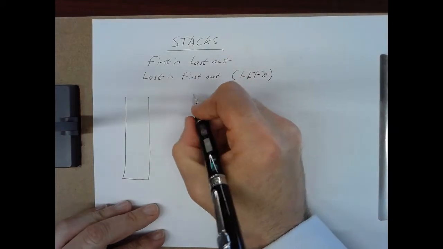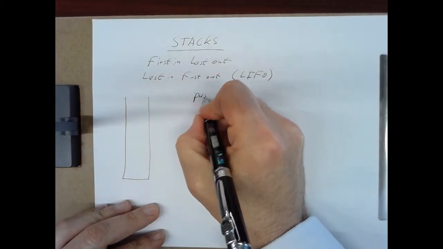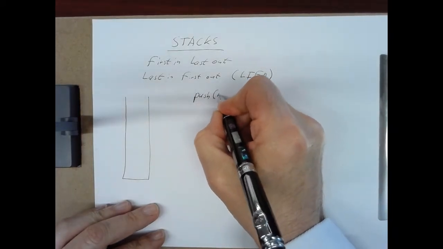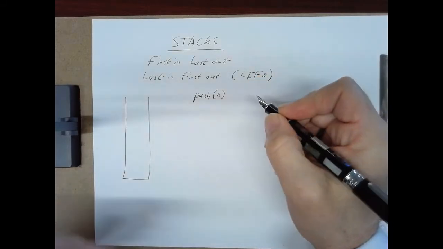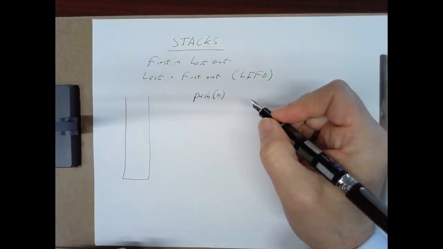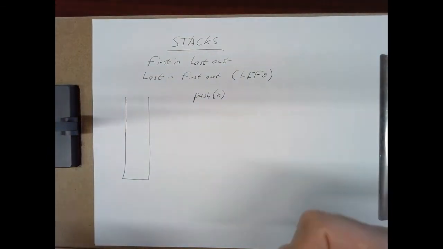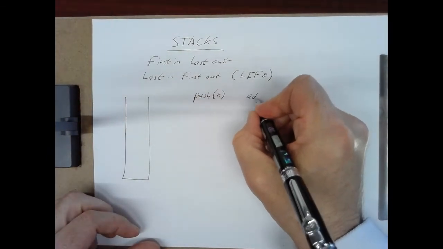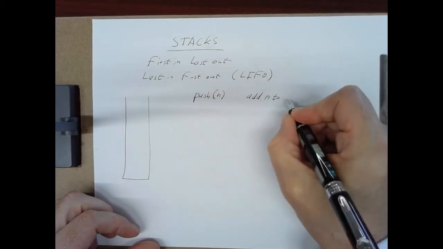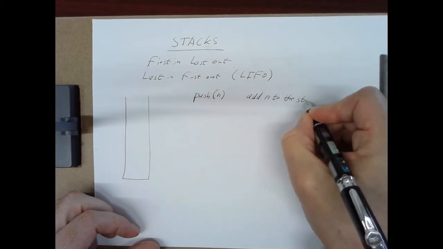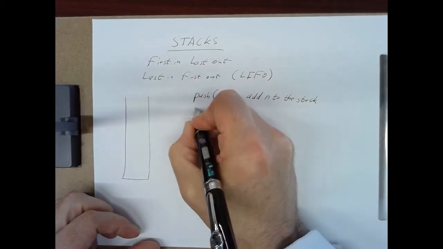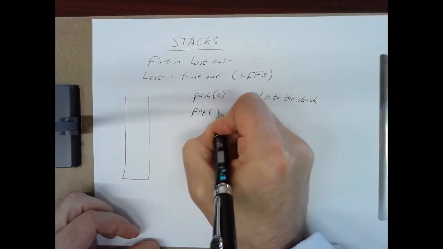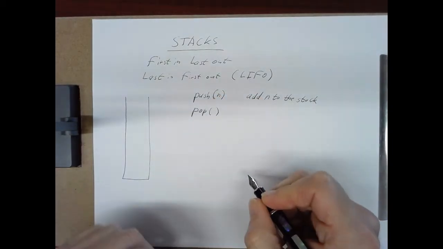So we usually think of push n. We'll probably deal with n being integers, but it could be anything. Push n says add n to the stack. Pop should return the last thing that was pushed.